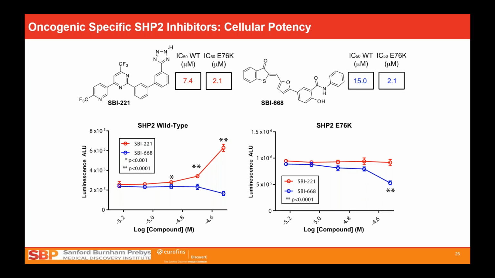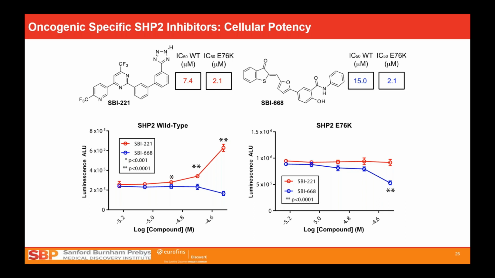But SBI668, the one on the left, is not able to do much with the wild type protein. In contrast, on the right side, here we have SHP2 E76K. When we titrate in SBI221, it has a minimal ability to engage with the wild type protein, but SBI668 can bind to and destabilize SHP2 E76K.